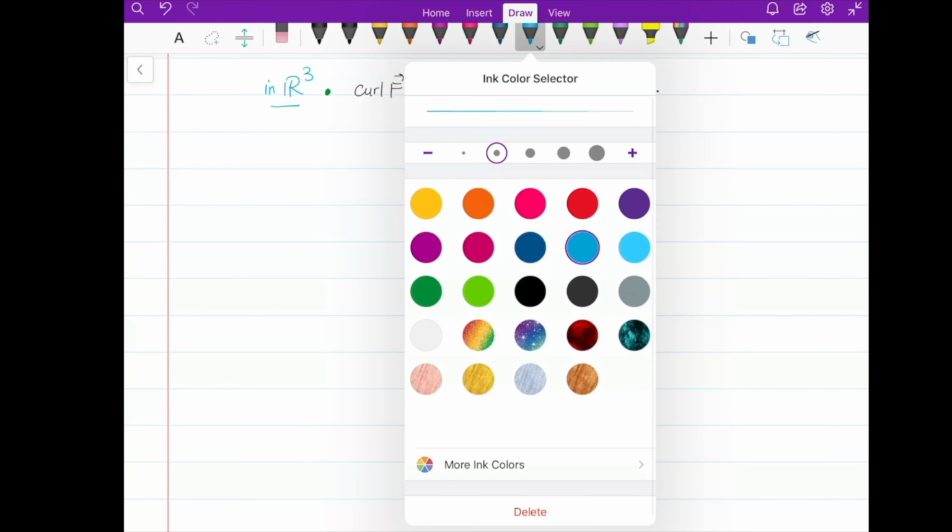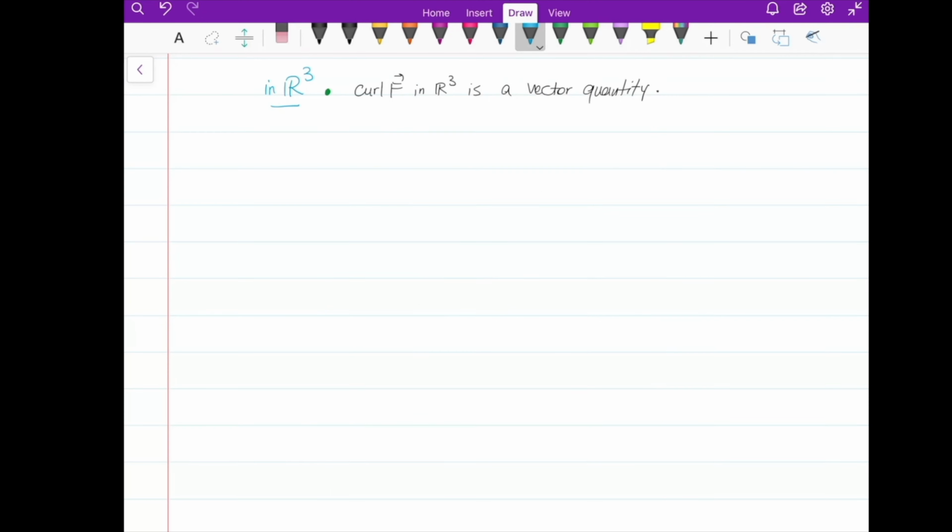Let's define it. Curl of F is equal to the del operator cross product with F. It would be the determinant of this matrix. On the first row, I put i, j, and k.